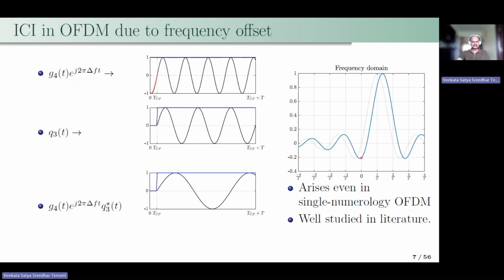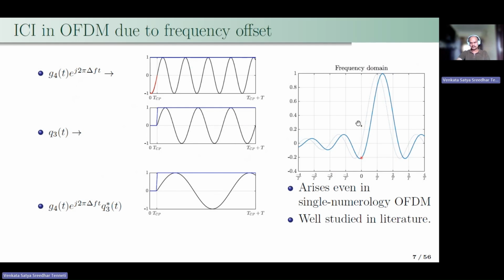Now let us see the case where there is a frequency offset. Because of this frequency offset, the transmit subcarrier does not have integer cycles within the OFDM symbol duration. Due to this, the product signal also does not contain integer cycles within the OFDM symbol duration. So the area under this curve will be non-zero, and these two subcarriers lose their orthogonality.